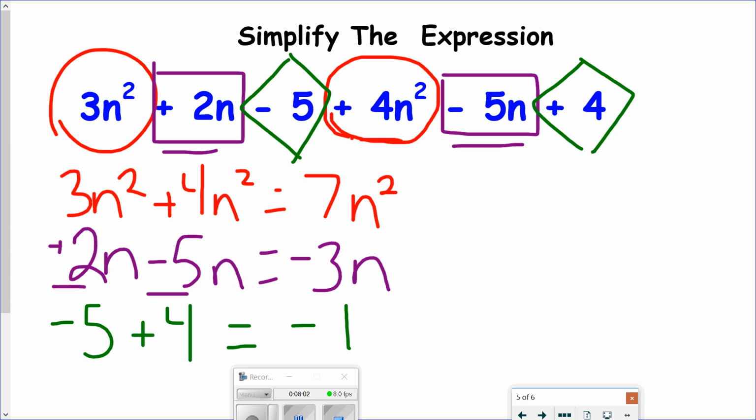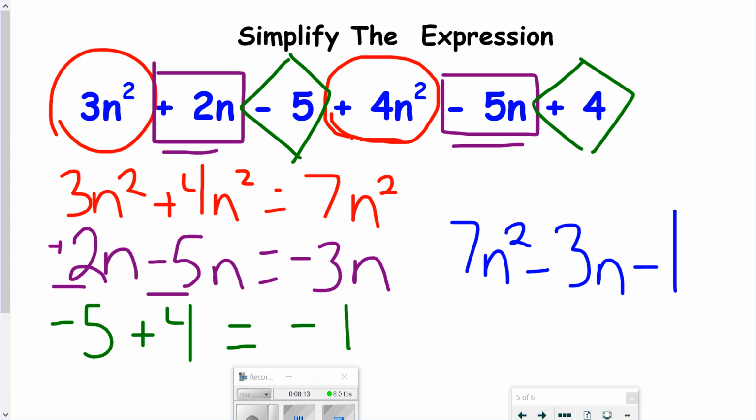And I have 7n squared minus 3n minus 1. And you can't combine any further because n squared and n are not like terms, because one has an exponent and one doesn't, and that one does not have a variable with it, it's just by itself.